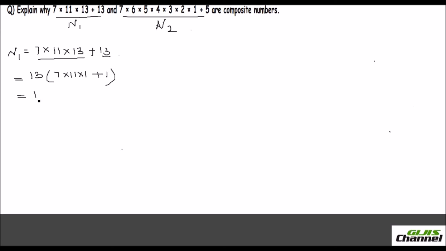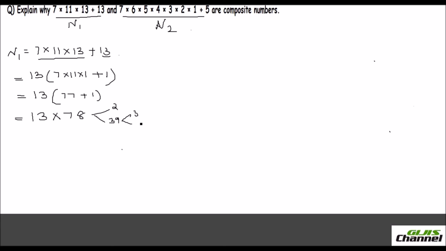So this is going to be 13 times 77 plus 1, which is 78. So that is equal to 13 times 78. And I'm just going to factorize this. 13 is already a prime number. Let me split this 78. 78 could be written as 2 times 39, right? And 39 still I can factorize.